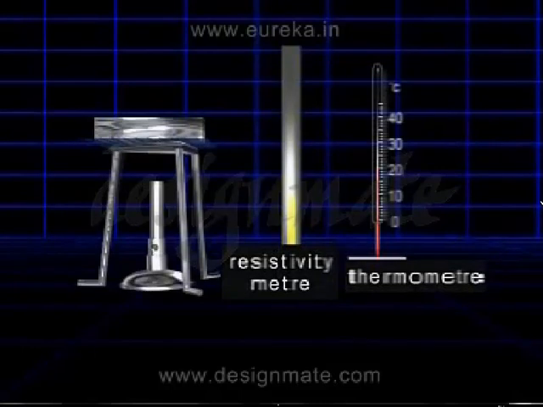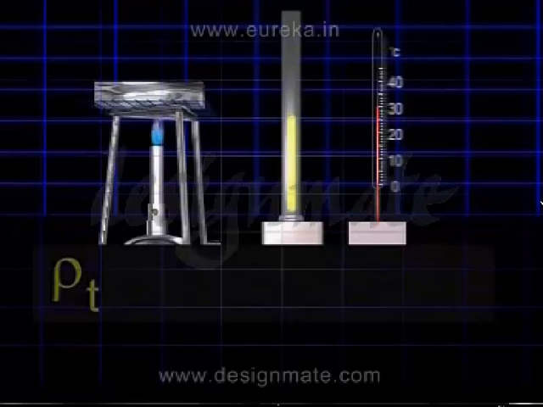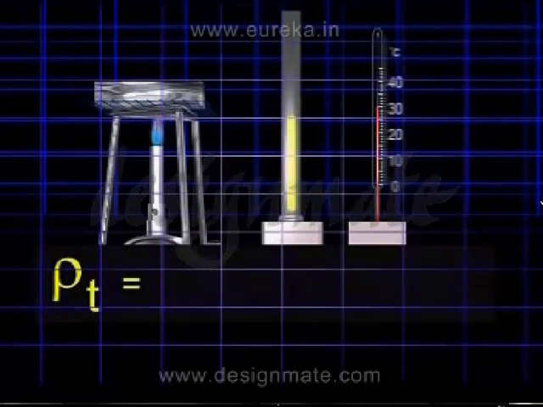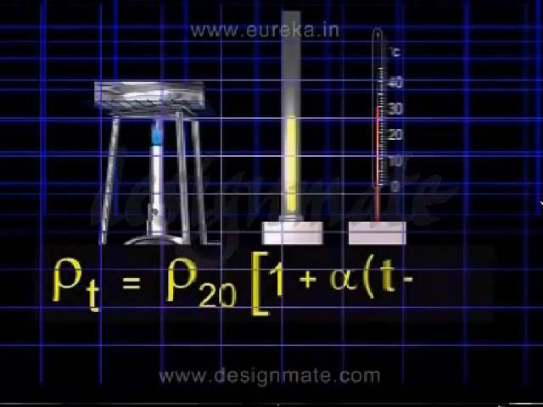Resistivity of metals increases on increasing the temperature. If the temperature change is not too large, the relation between the resistivity and the temperature for metallic substances can be described by the following empirical relation: rho_T is equal to rho_20 into (1 plus alpha into (T minus 20)).